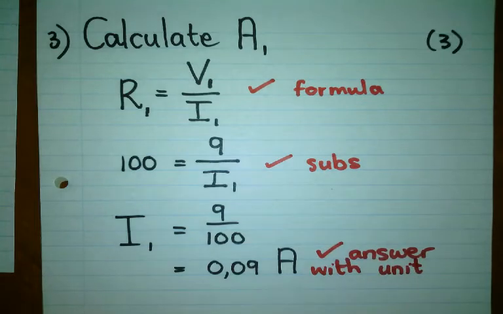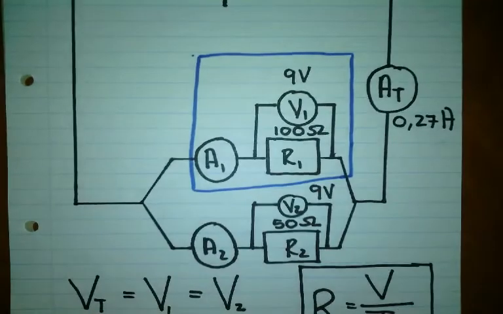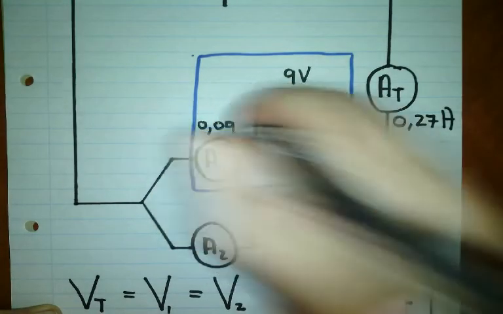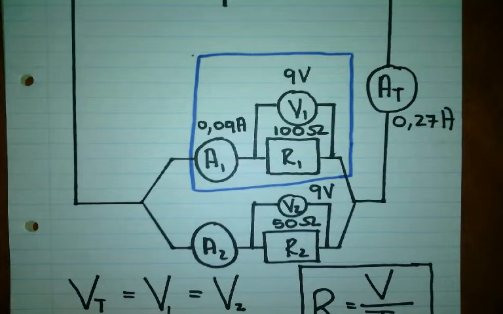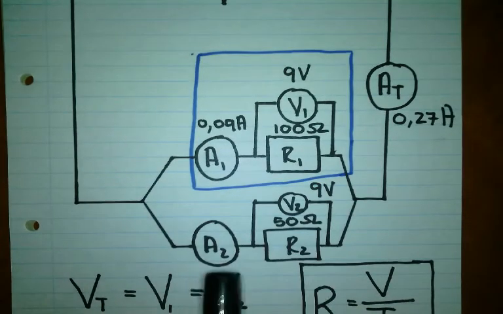Okay, now I'm just going to add that information into my diagram. So now I know that this guy here is 0,09 ampere. And the last question is going to be calculate the current through resistor 2 as measured by A2.